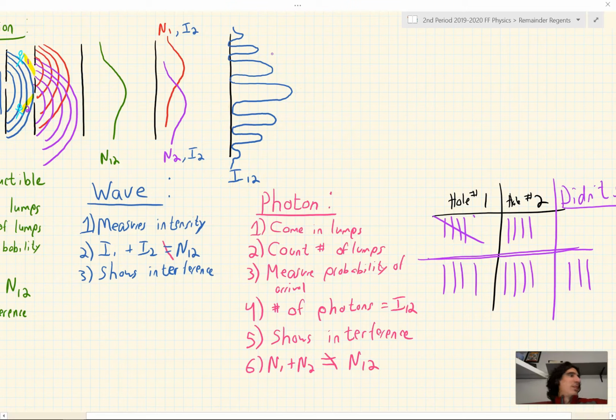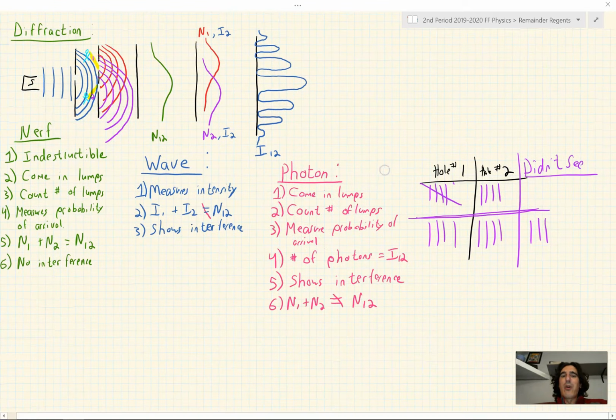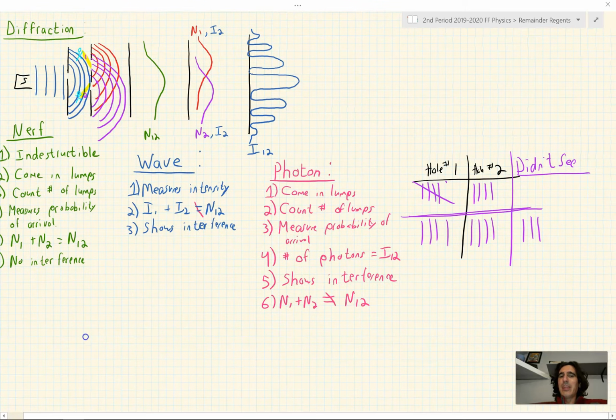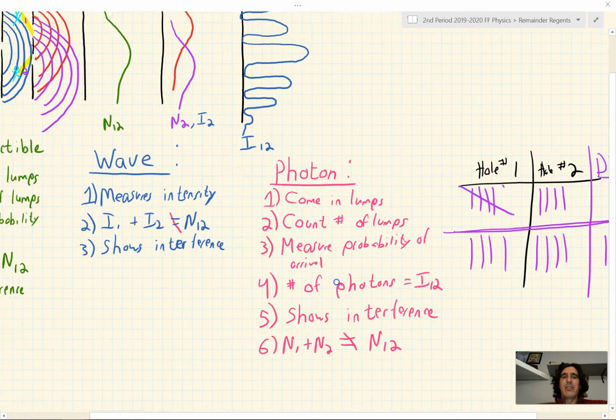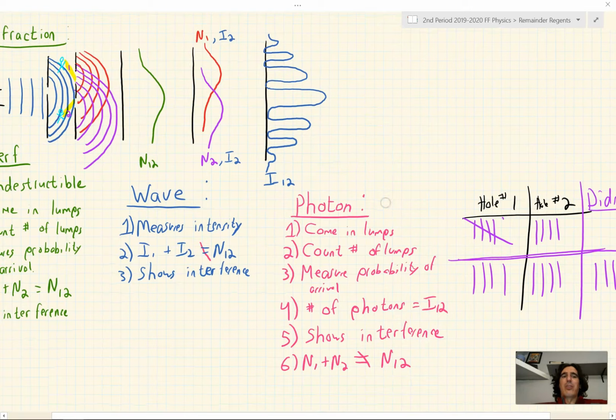Now, if we look at this book from earlier, Through 2 Doors at Once, there's a ton of experiments in which scientists are tricking light into thinking that we don't know which hole it went through. And no matter what we do to trick light, if we know which hole it went through, we're always going to get N12, so no interference.